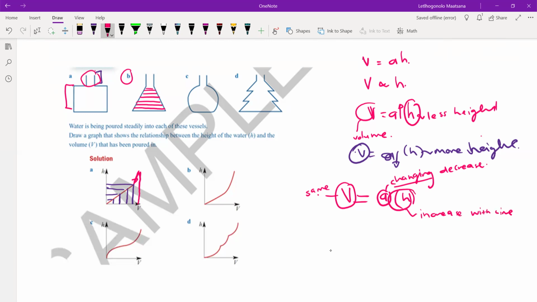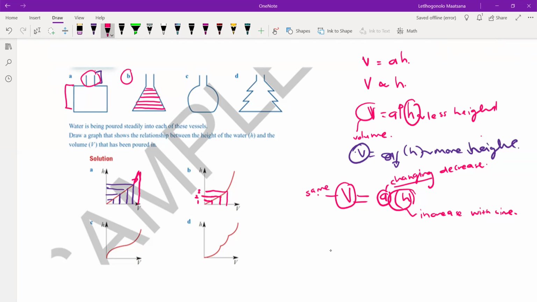And that is why we see a curve that is increasing, but the rate at which it's increasing is also increasing. So at first, we would cover a height of, let's say, just 1 meter, but with the same amount of volume, we would then cover 2 meters instead of 1. Then for the same amount of volume, we would cover 3 meters instead of 2. So the rate at which the height is increasing is also increasing.